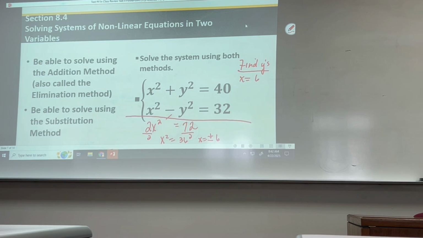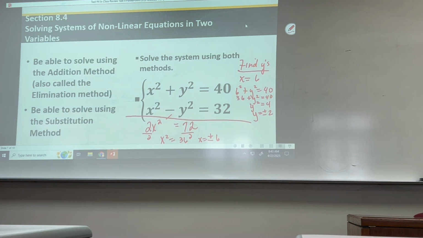So if I plug a positive 6 in the top equation, I have what? 6 squared plus y squared equals 40, right? 6 squared is 36. Subtract 36 from both sides. y squared is 4. So what's y? Plus or minus 2. Don't forget to put the plus or minus. So when x is 6, we're getting a positive 2 and a negative 2, aren't we, for the y?